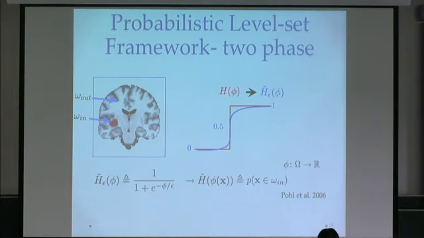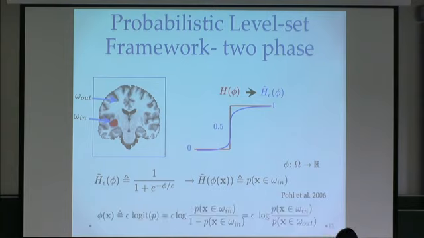So this is the probabilistic formulation, or the logit formulation. And if we have this formulation, then we can consider our level set function as the log of the ratio between the probability to be part of the region of interest over the probability to be part of the background, weighted by epsilon, where epsilon here determines the smoothness or the slope of the sigmoid.